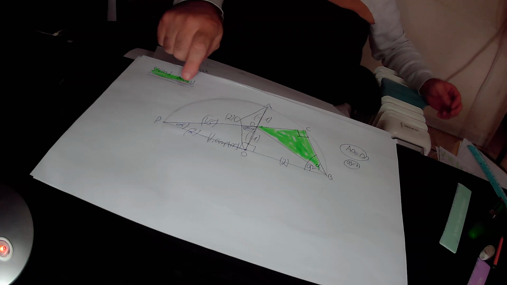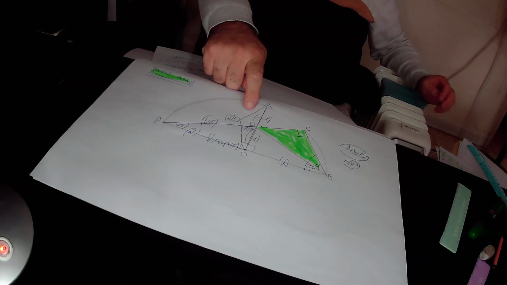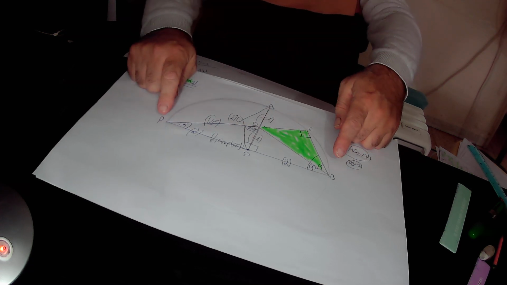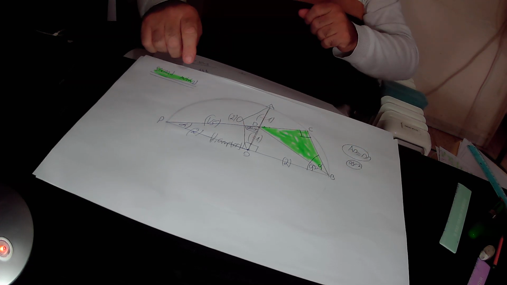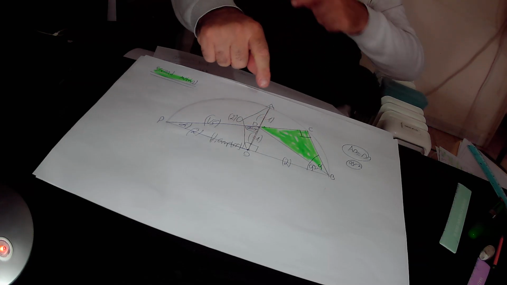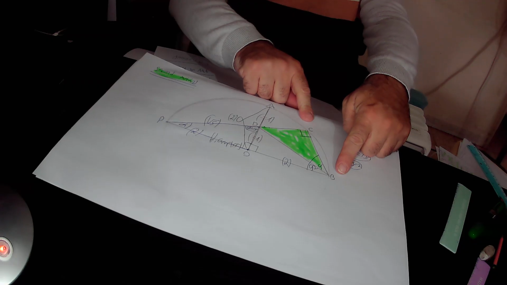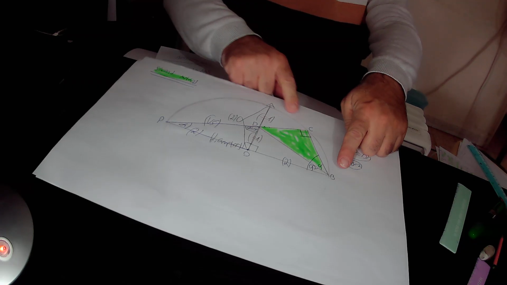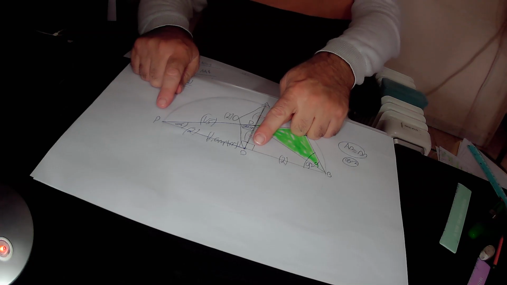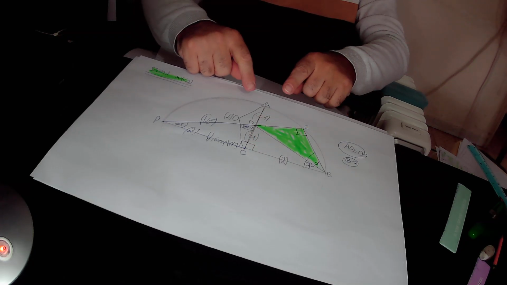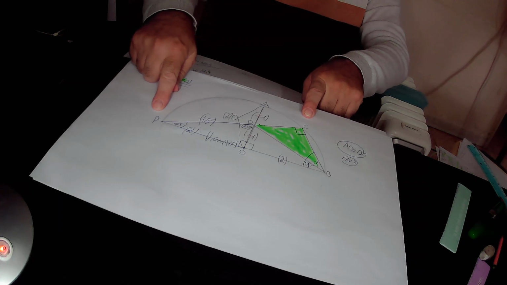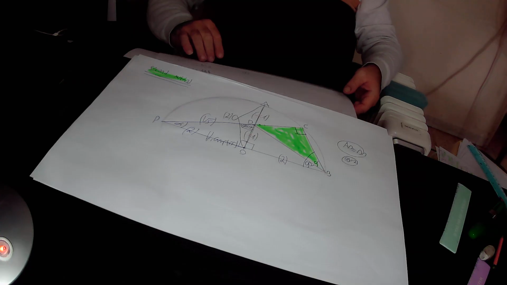We derive that side PD of the small right triangle PDO over side PB of the big right triangle PCB is equal to side DO of the small triangle PDO over side CB of the big triangle PCB, and it is also equal to side PO of the small triangle PDO over side PC of the big triangle PCB.